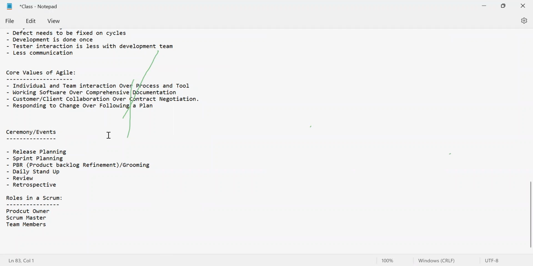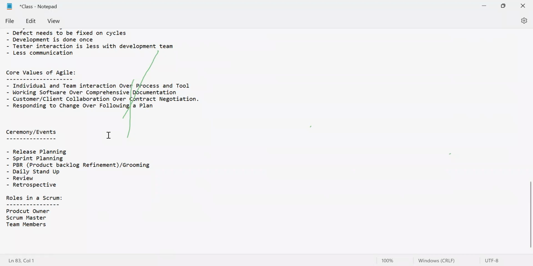After the 2-week cycle, sprint 2 will start. From the 80 stories in the product backlog, this will again be prioritized. The product owner will prioritize and pick up the top 20. So in sprint 2, another 20 will be picked up by the team.